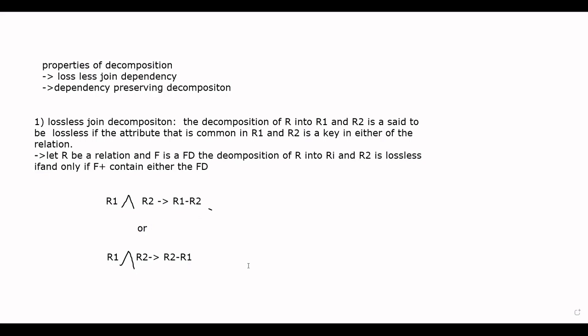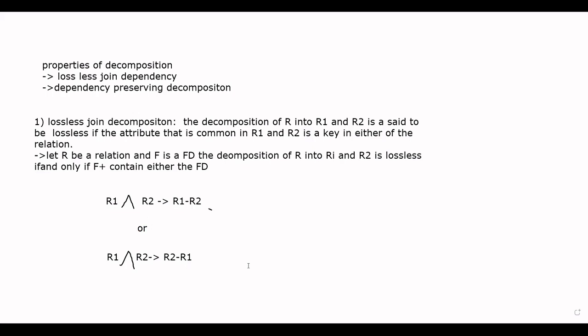Okay, now other students, listen to me. If you write here R1 intersection R2 tends to R1 minus R2 or R2 minus R1, what is the meaning of or? That means if any one condition is true, it is lossless. Remember this, because there is or written.